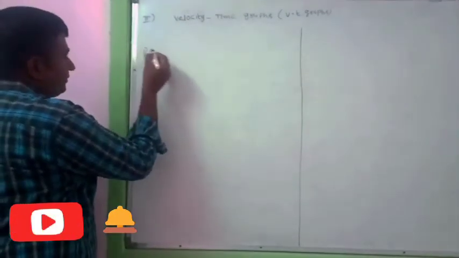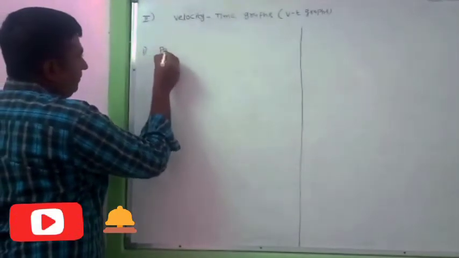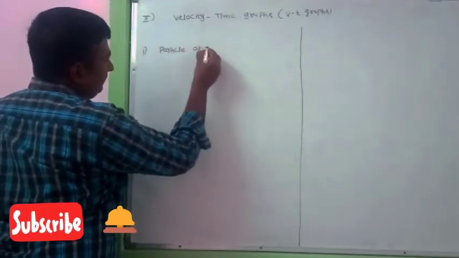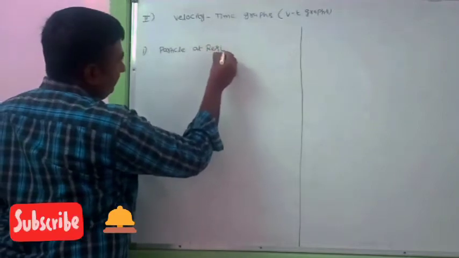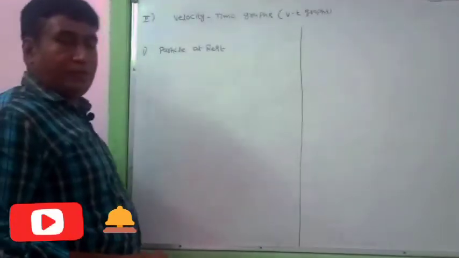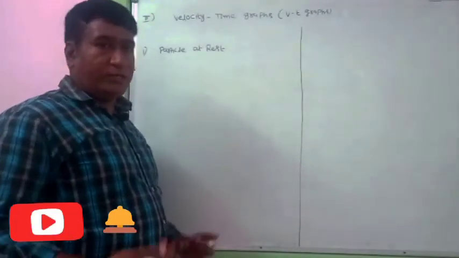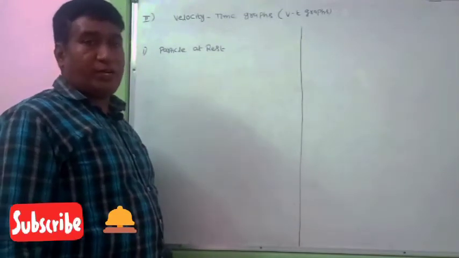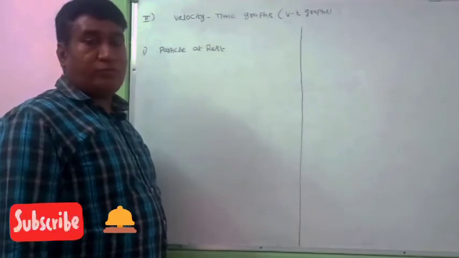So first case is particle at rest. Whenever a particle is at rest, let us consider I am an object which is at rest. Now what's my velocity? Velocity is equal to 0.